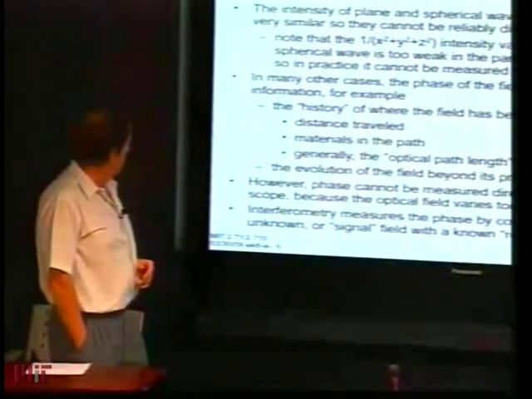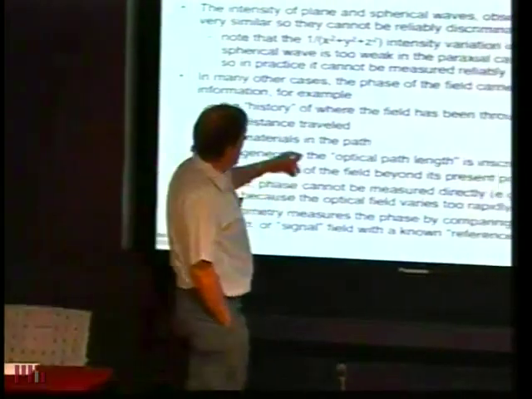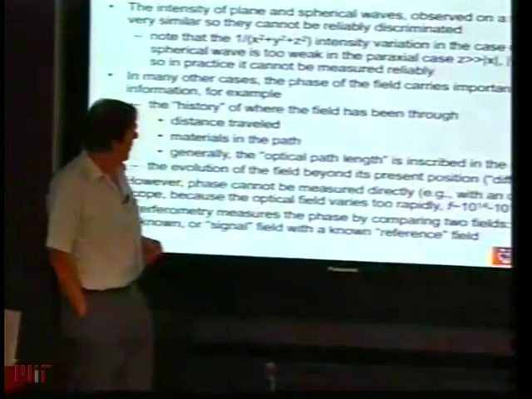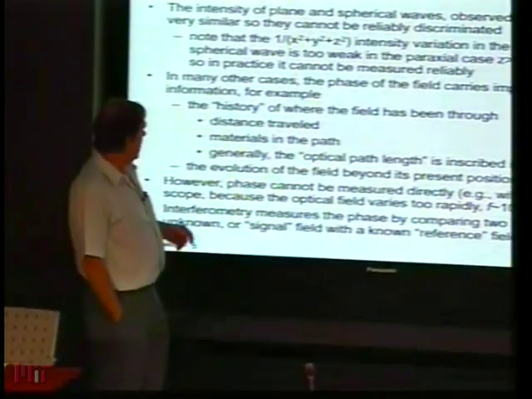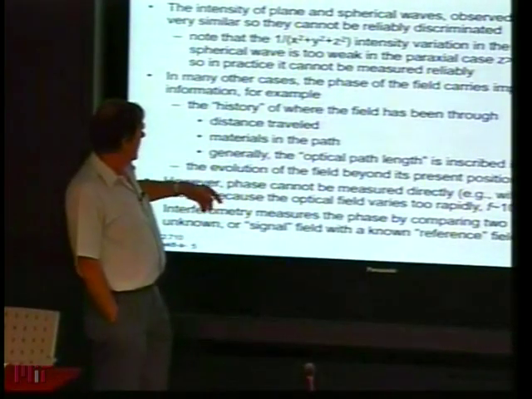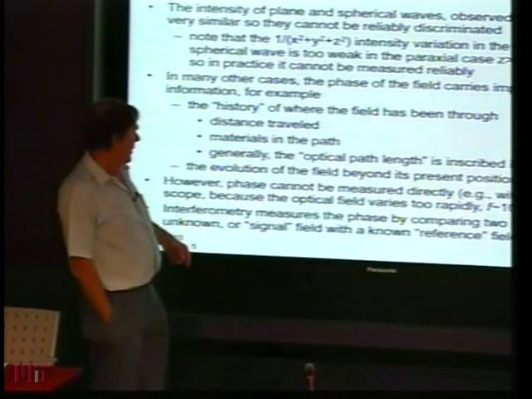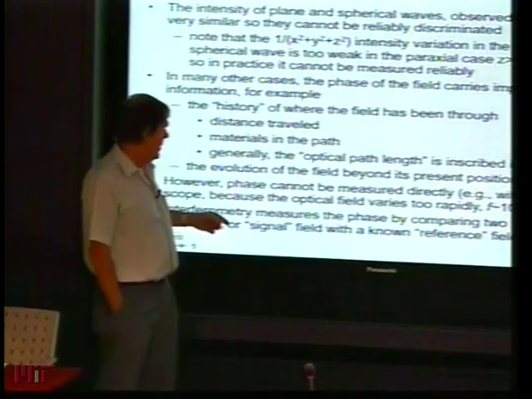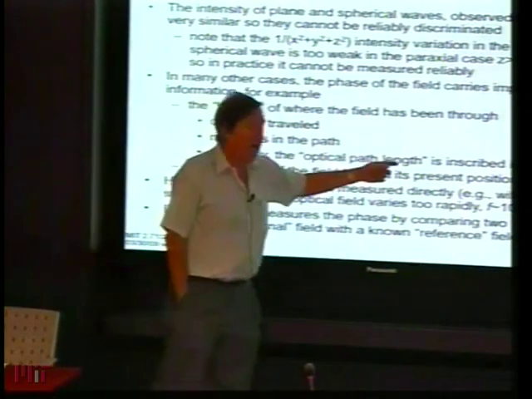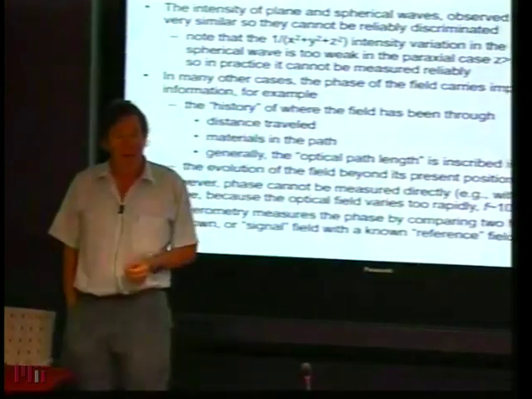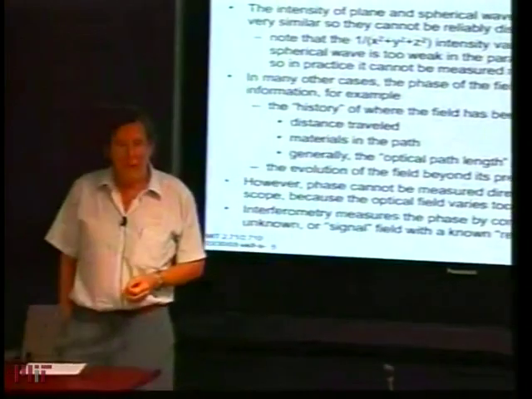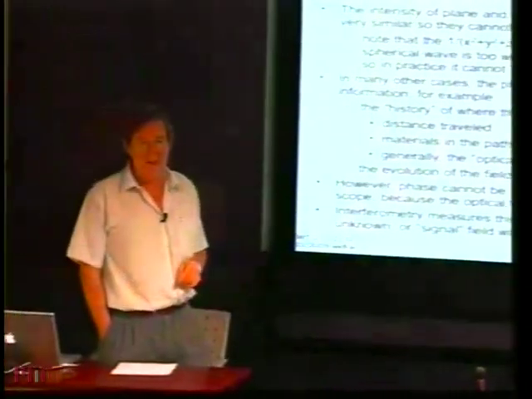And as it says, the phase can tell us all sorts of things about the wave, like where the wave has come from, how far it's travelled, the materials it's gone through, and generally the optical path, which, you remember we had before, integral n dz.